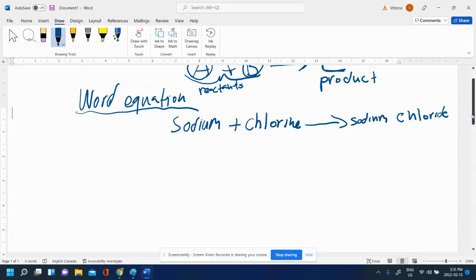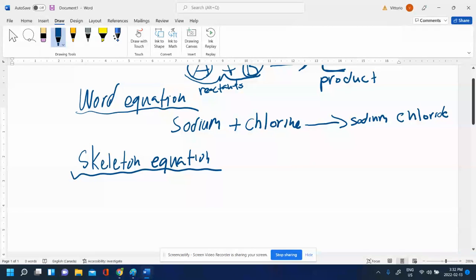So something everyone understands is what's called a skeleton equation, where instead of writing words, you put a formula for what you're trying to write, or a symbol. That symbol can come from the periodic table and from our writing of formulas that we learned. It doesn't matter whether you know that chlor is chlorine or chlorure de sodium is sodium chloride.